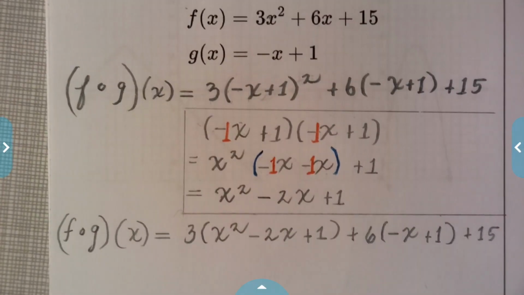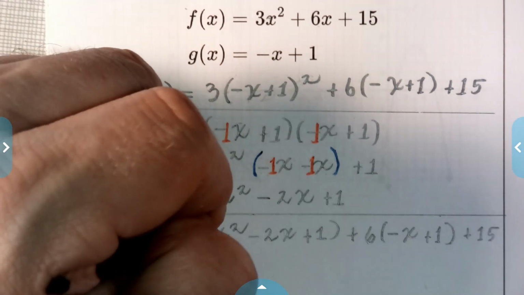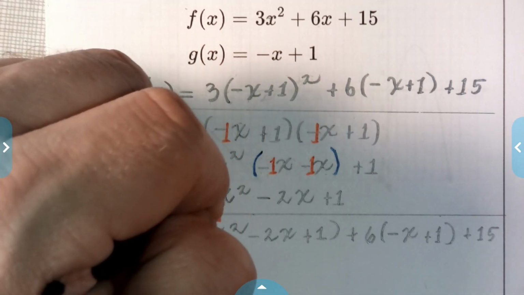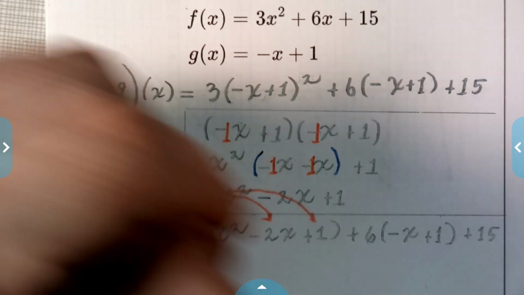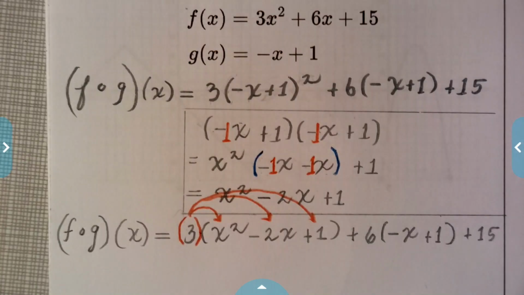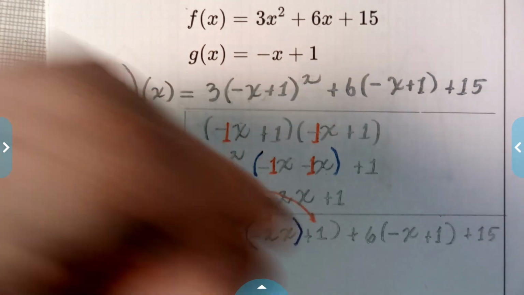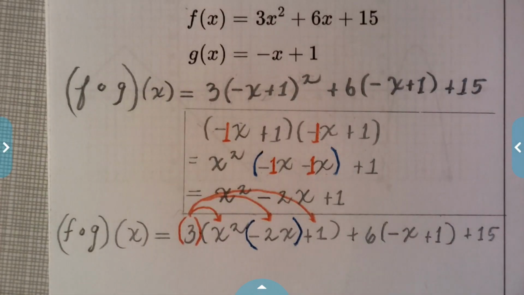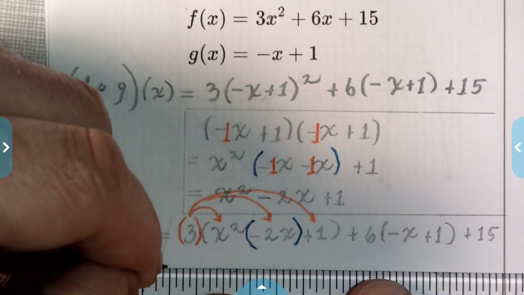All right, so we're just going to distribute multiply this 3 through each of these terms here. And I think it's helpful whenever you see negatives, just put a grouping symbol there so you understand, hey, I'm going to be multiplying by a negative.